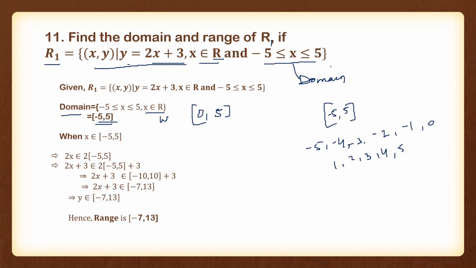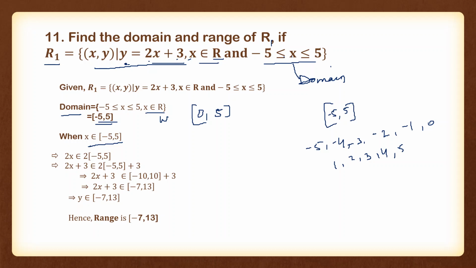Now we have to formulate the range. How? We know that x belongs to minus 5 to 5. We need 2x plus 3 in order to make y. The y values are nothing but the range. We'll be studying this in detail in the next topic, functions.